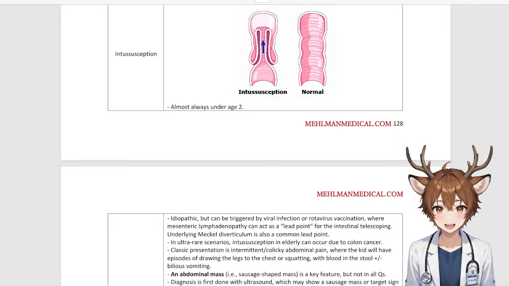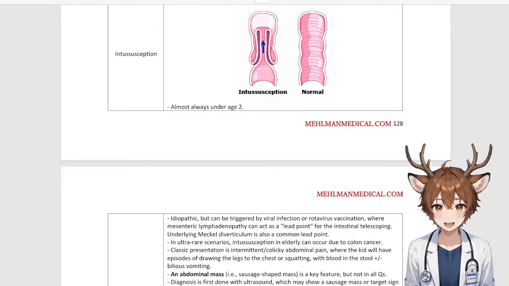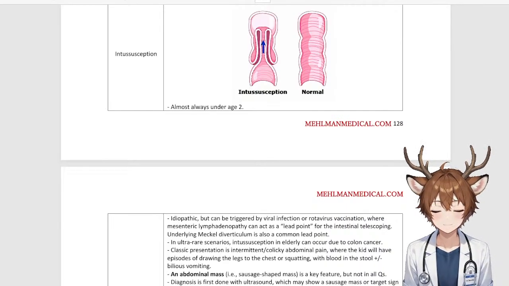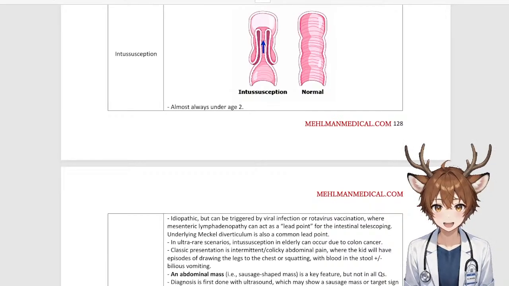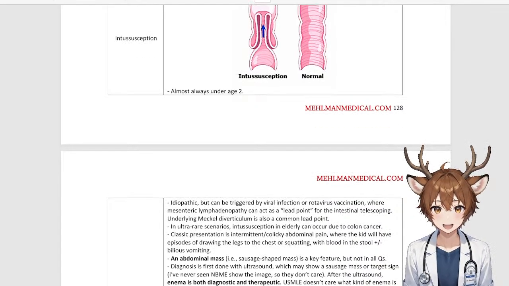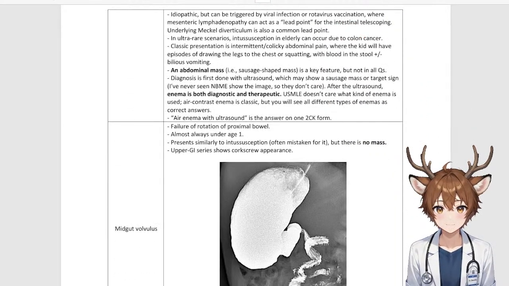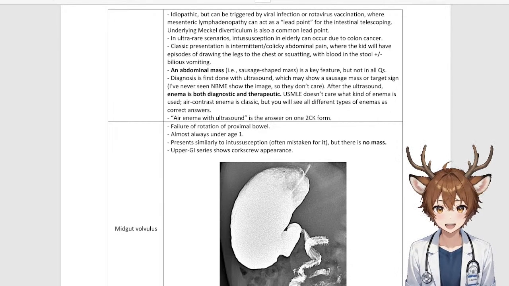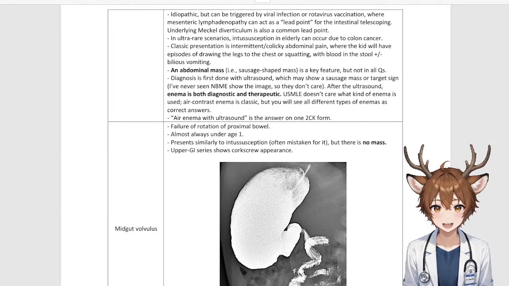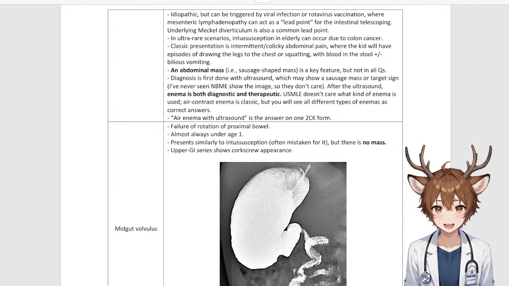I've never seen NBME show the image, so they don't care after the ultrasound. The enema is both diagnostic and therapeutic. USMLE does not care what kind of enema is used. Air contrast enema is classic, but you will see all the different types of enemas as correct answers. An air enema with ultrasound is the answer on a 1-2 CK form.